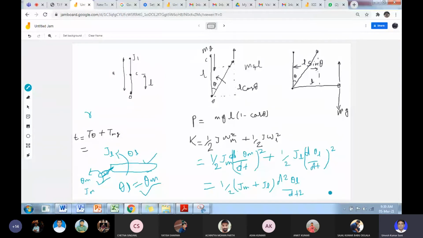This was wrong before; this is the square of velocity.